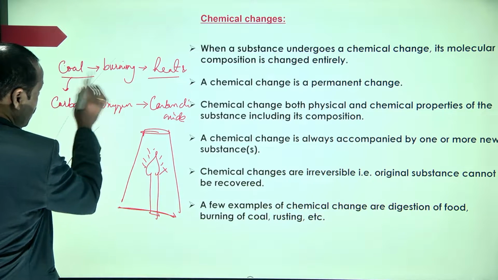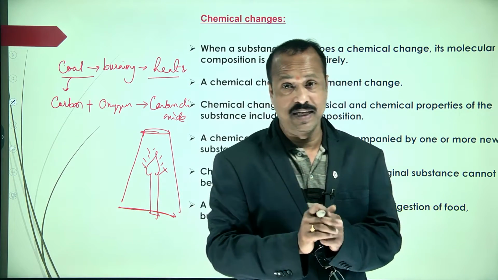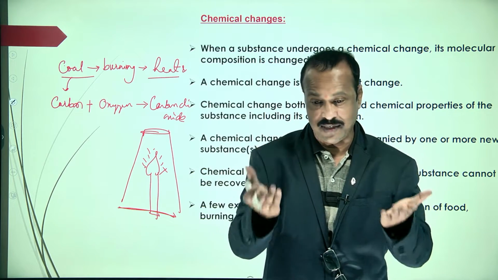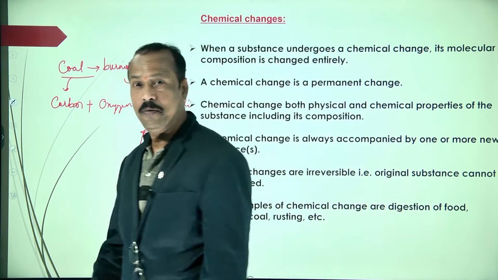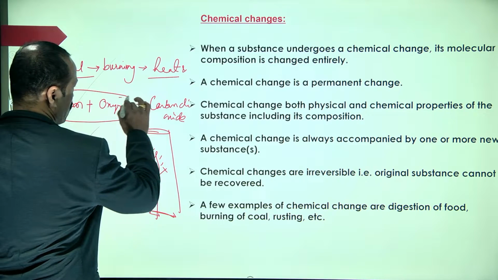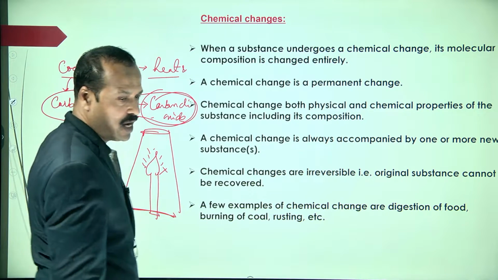So here we think that coal is burning means only coal is burning, only one substance. No, actually two substances. Oxygen is also there, but we can't see the oxygen. So the meaning is that carbon and oxygen, two substances, are combining and forming a new substance called carbon dioxide.